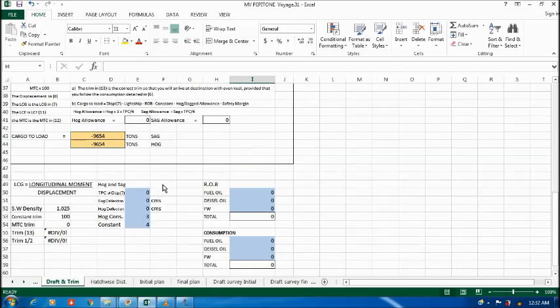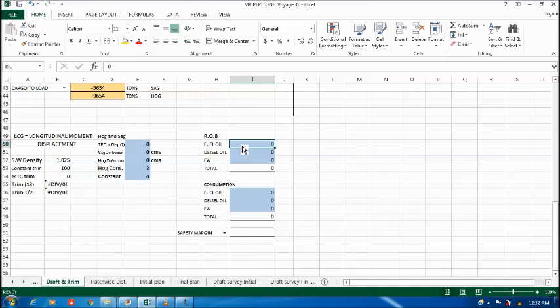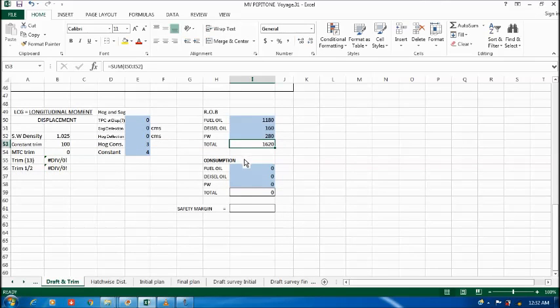Before we begin, we will put some values here for our formula to work. We're going to put the total OBQ: 1180 tons for fuel oil, 160 tons for diesel oil, and 280 tons for fresh water, for a total of 1,620 tons.